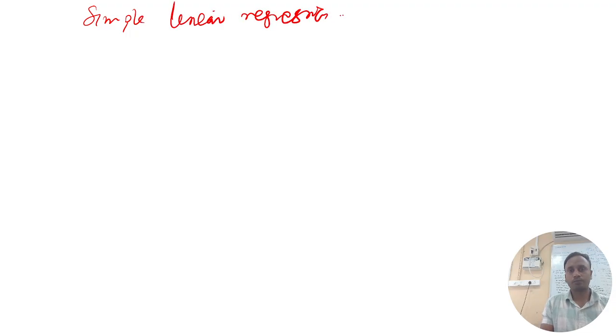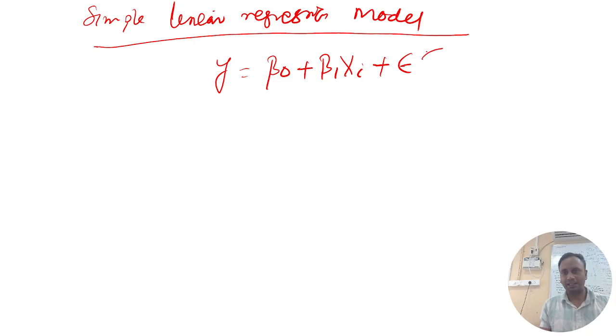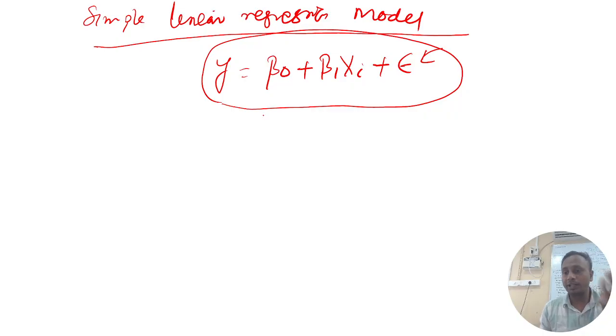In the case of simple regression, it's y is equal to beta naught plus beta 1 xi plus error, and that error should follow the normal distribution. So for the whole idea, we have to think about what the objective function should be. What do we have to do when we say prediction?